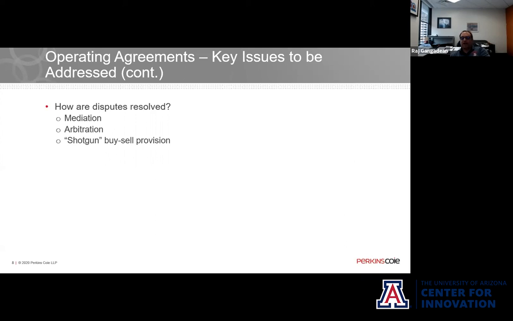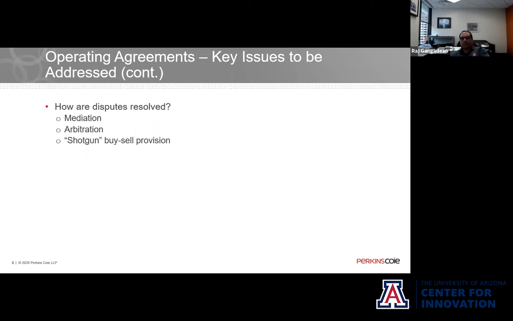You make an offer: I will buy your interest for $5,000. The other person then has the choice: I can either sell my interest to the offering member, or I can buy his interest for $5,000, the same price.